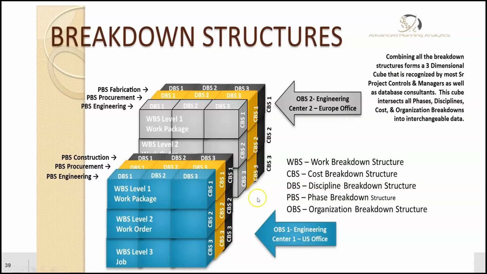Now this layer that I put on the right side called CBS, this is the CBS that represents those hierarchy charts when I talk about the WBS and the cost coding.